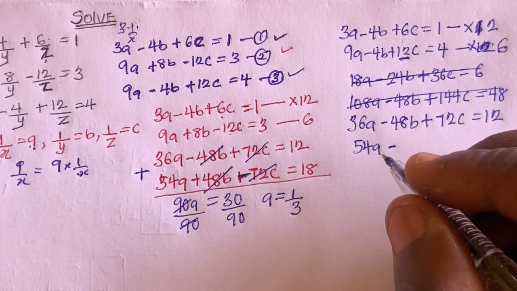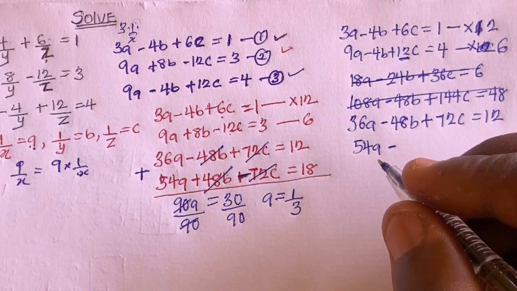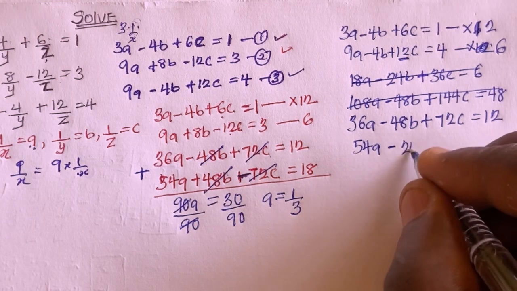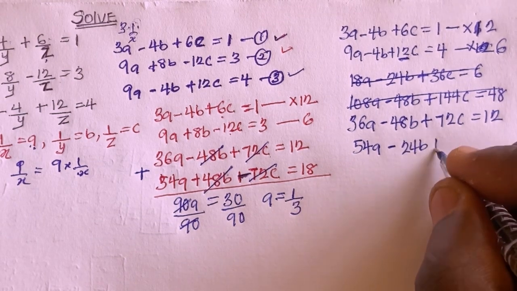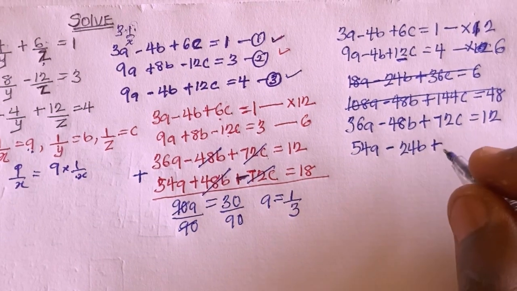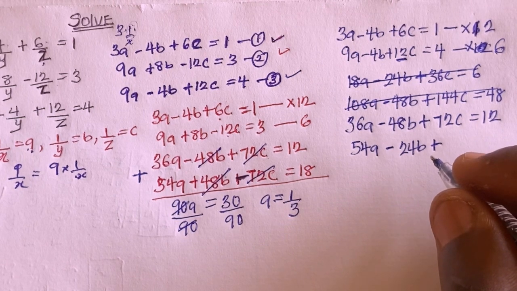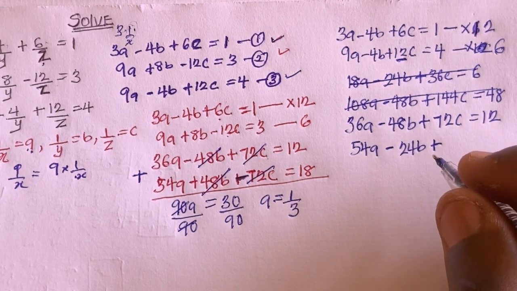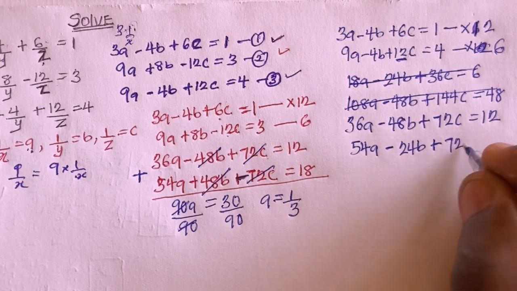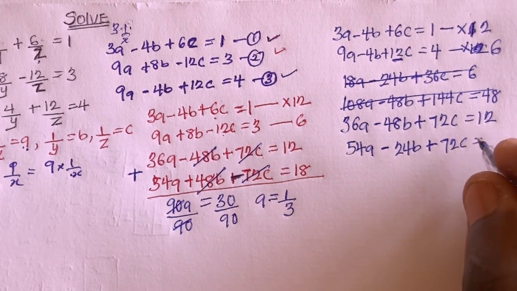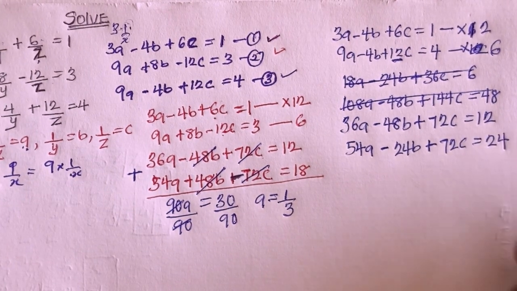Then minus 4 multiplied by 6 is 24, that's 24B, right? Then plus again 12 multiplied by 6, that's 72C equals 24 here, right?